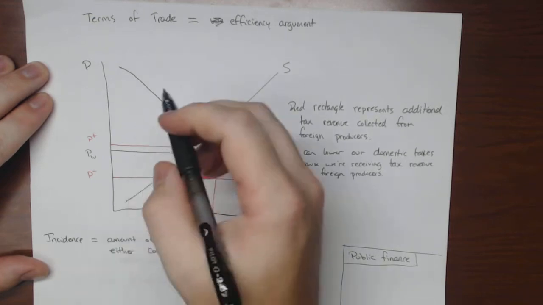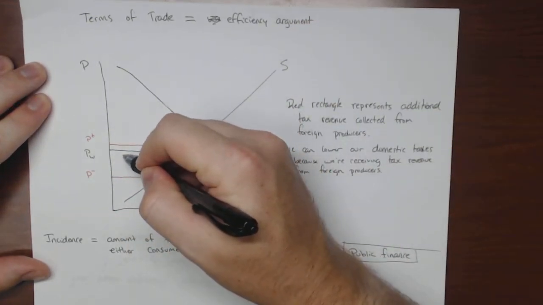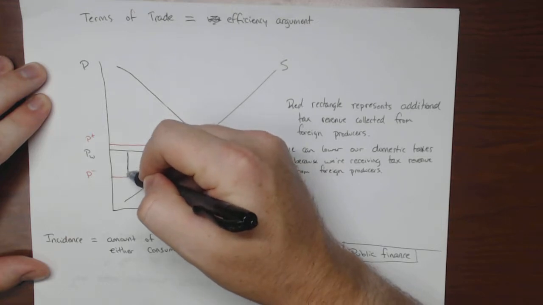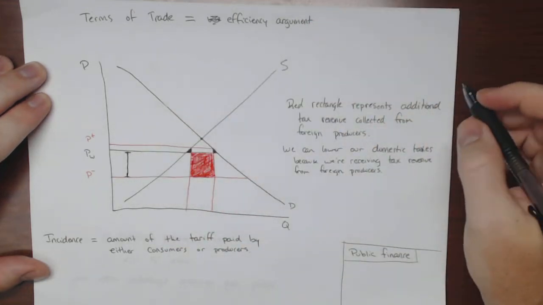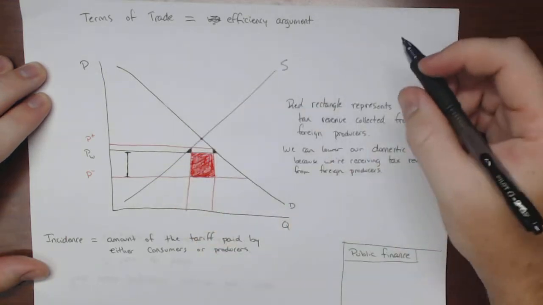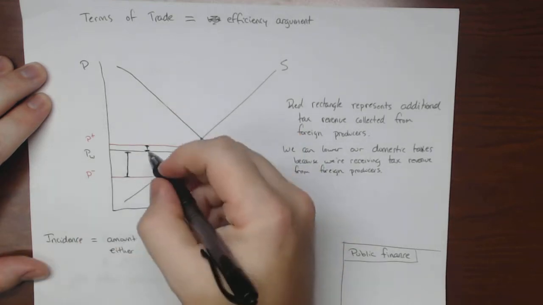So in this case, there's a very large incidence here, right? This is the incidence of the tariff paid by the domestic producers in the form of lower prices, and the incidence that domestic consumers pay is relatively small.